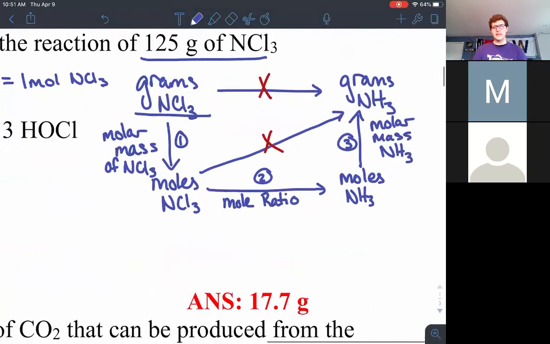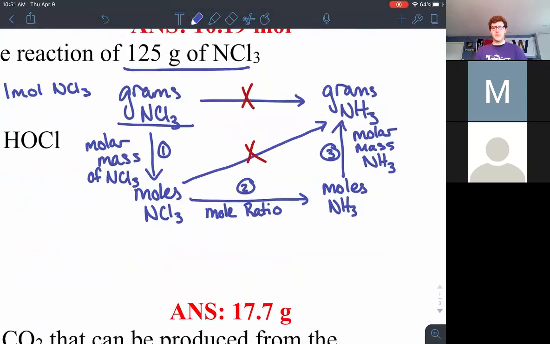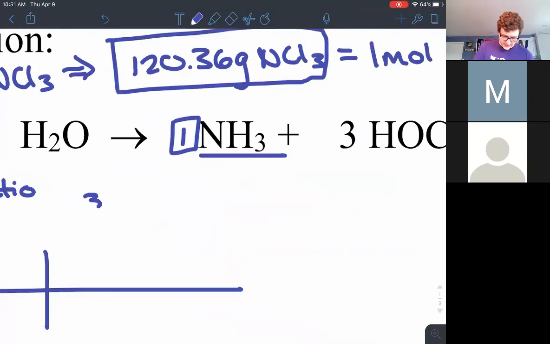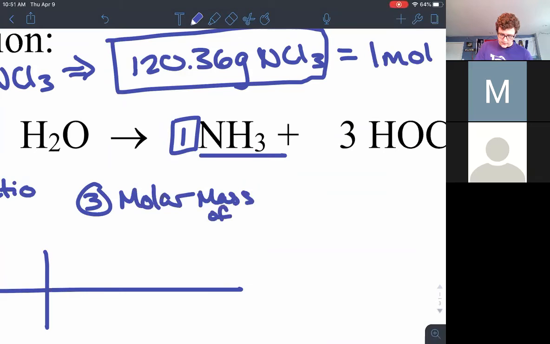Which means now we need to use what step? Step number 3, which tells us we're using the moles of NH3 and grams of NH3. Perfect. Step 3 is our molar mass of NH3. All right, so now let's find the molar mass. Can you find that one for me?